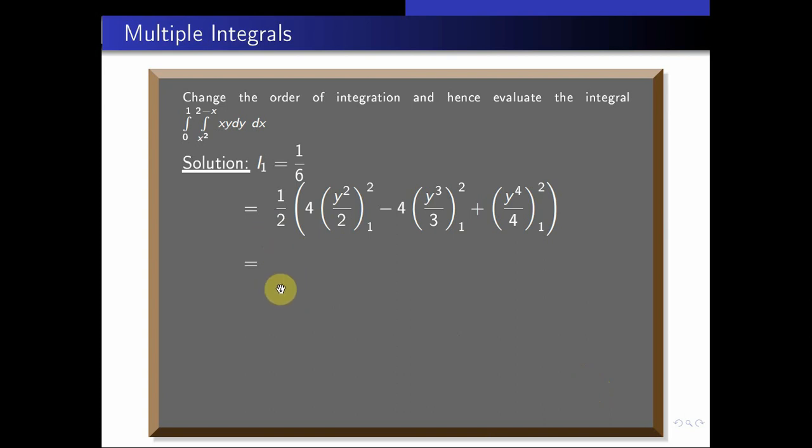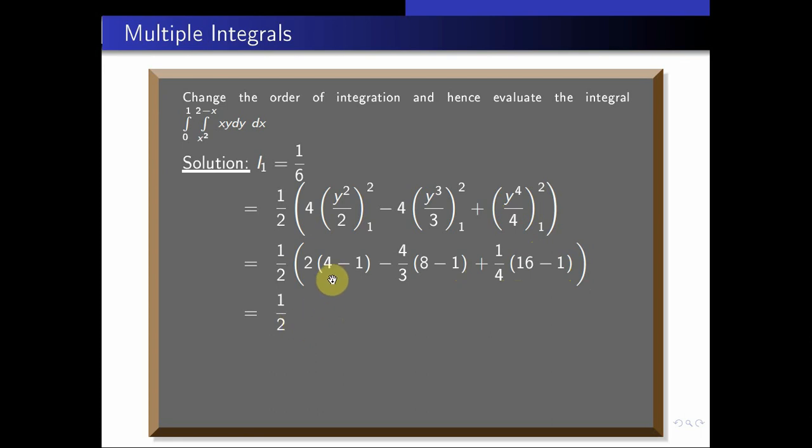So now this 2 and this 4 get cancelled, so it is 2 into upper limit, if I am substituting y is equal to 2, I will get 4 minus the lower limit, in place of y, if I am substituting 1, it is 1 minus 4 by 3 into upper limit, if I am substituting y is equal to 2, it is 8 minus 1 plus 1 by 4 into 2 power 4 is 16 minus 1.